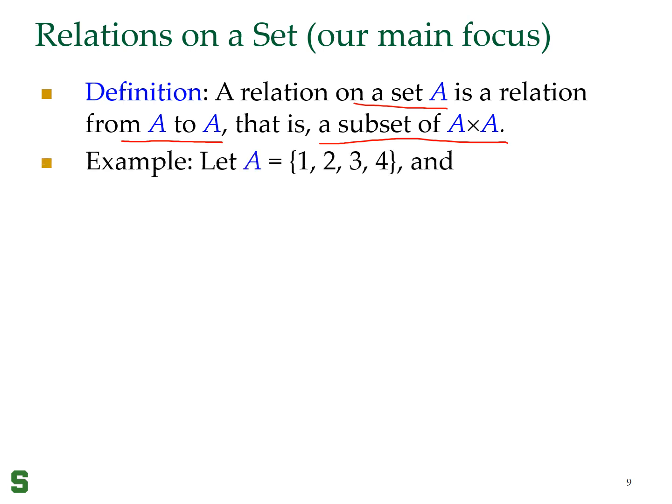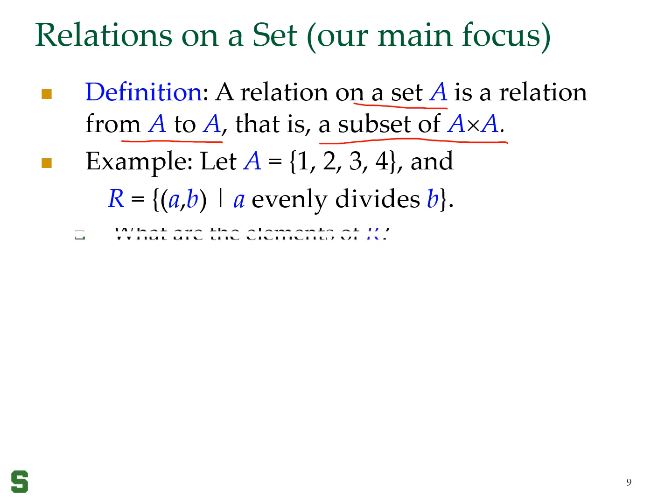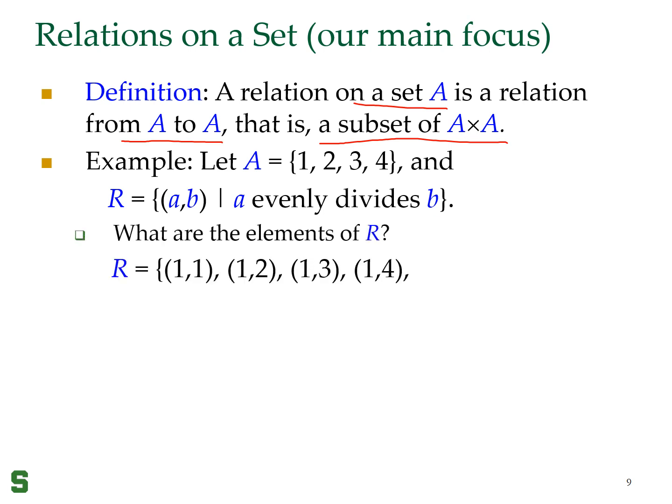So for example, let's say the set A is 1, 2, 3, 4, and we want to create this relation (a, b) where we want a to evenly divide b. So that means the elements in R are going to be (1, 1) because 1 divides 1, (1, 2) because 1 divides 2.